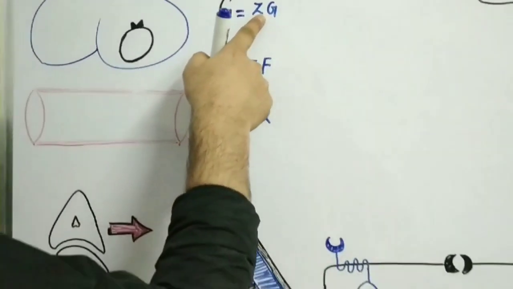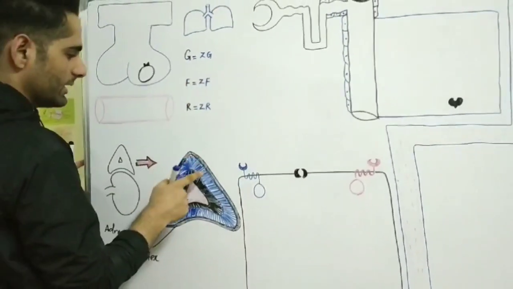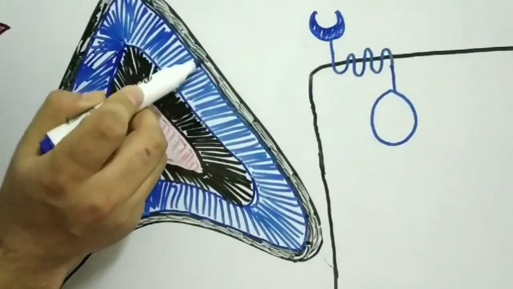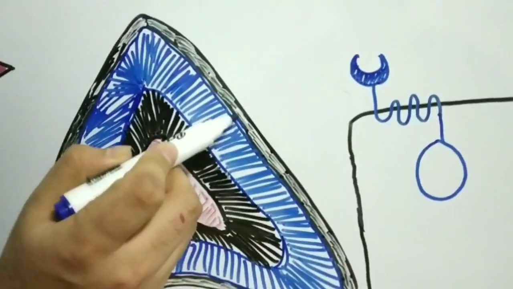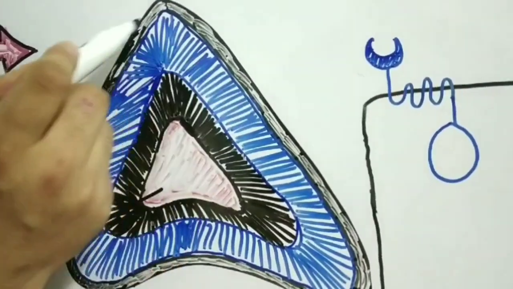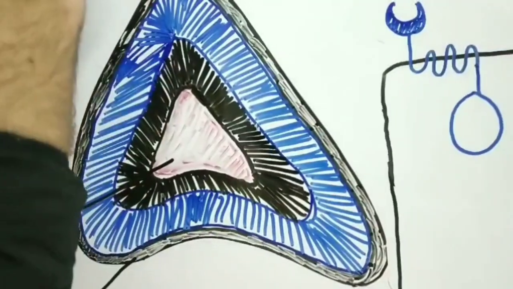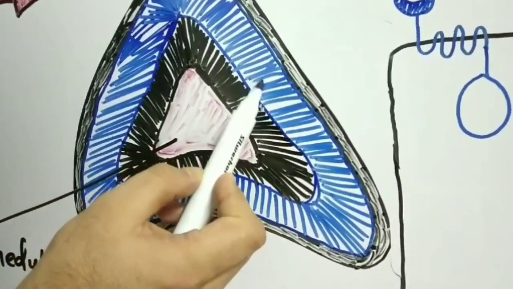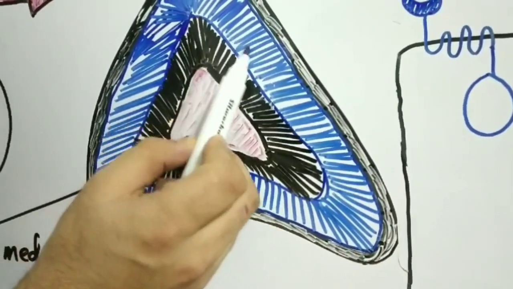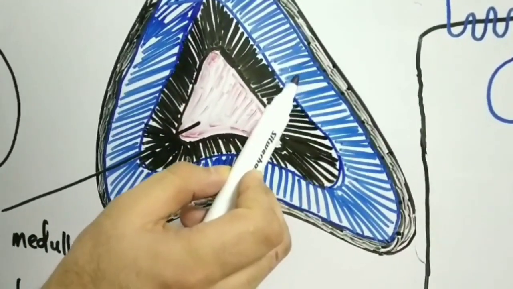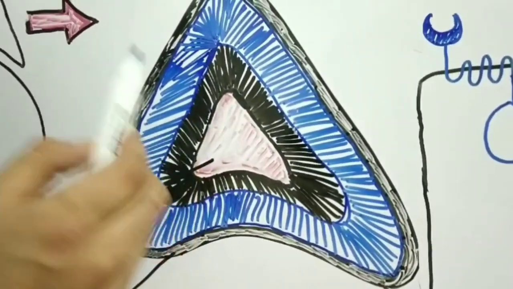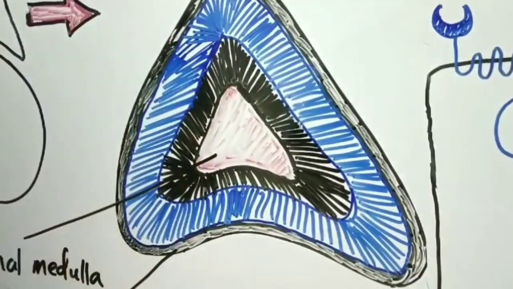Now, zona glomerulosa is this covering. You can see it here in the black color. This is the first layer of the cortex, which is known as the zona glomerulosa. Now the second, blue covering is known as the zona fasciculata. And the third covering is known as the zona reticularis.